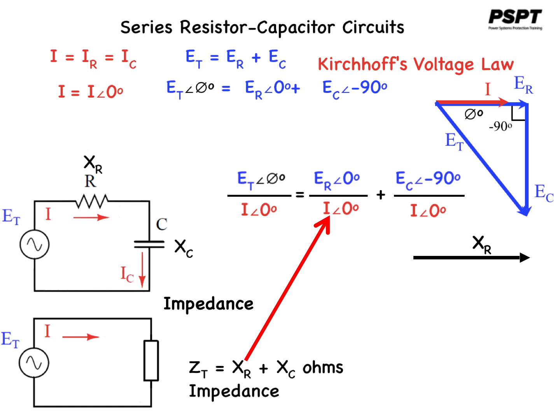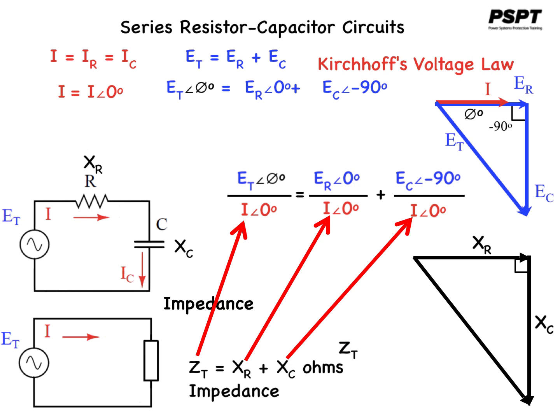I've indicated that it's a reactance here, but it's really a resistance, but we represented it by X subscript R. And the last component of the equation, EC at minus 90 degrees all over the current, is the reactance of the capacitor. If we add those two together, we get ZT, which is the total impedance of the circuit, as long as we add up the phasors.